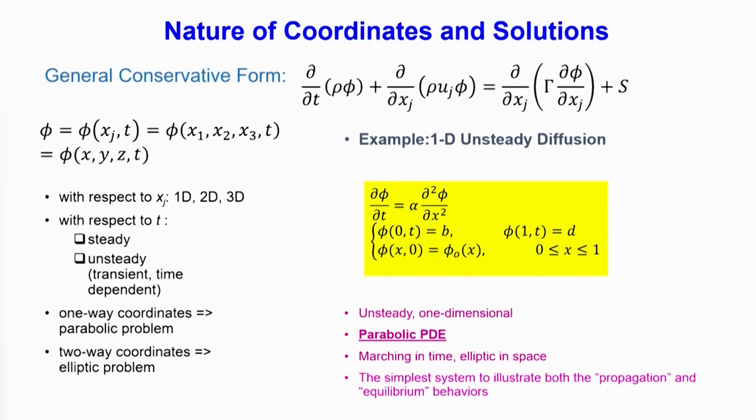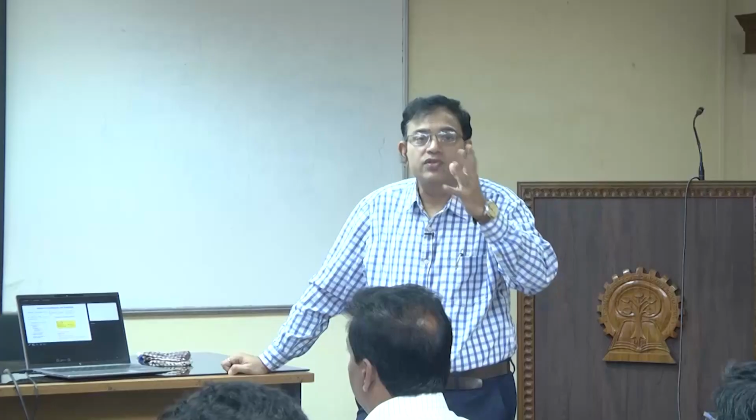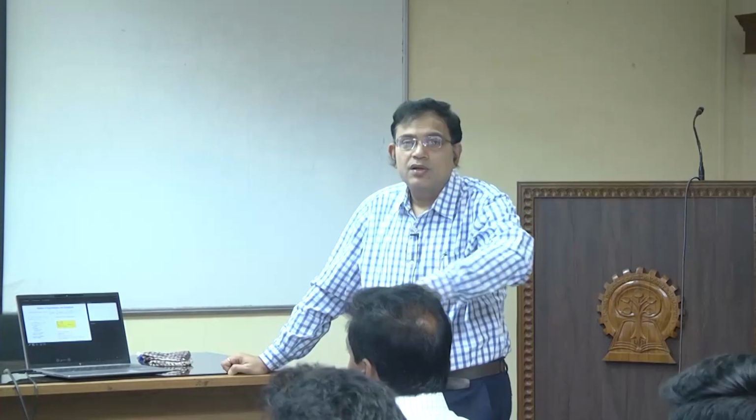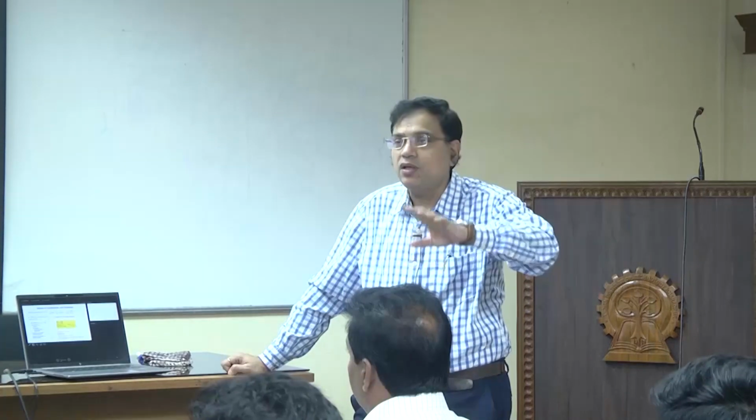Now, this is an equation where you have time as a coordinate and space as a coordinate, right. With respect to time, these are called time marching problems. That means you have something at time equal to 0, say you have a domain here, and at time equal to 0 the temperature at every point is known.